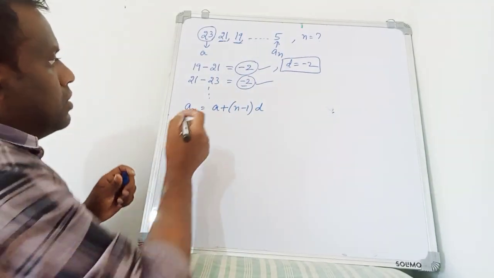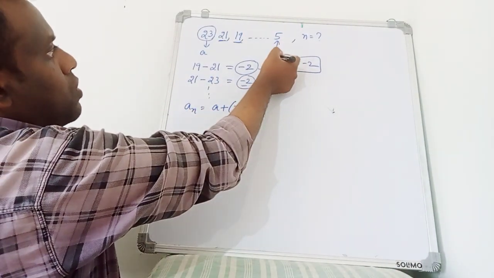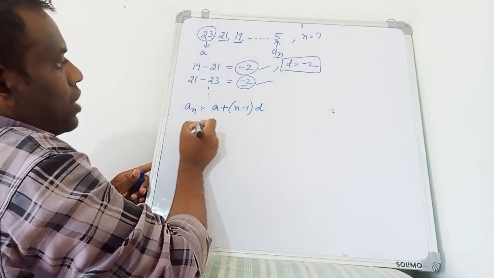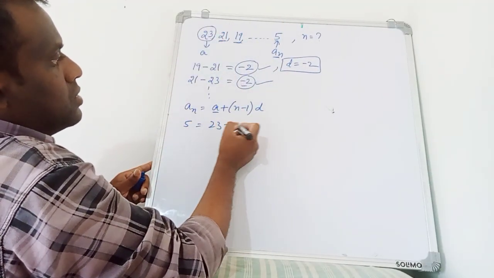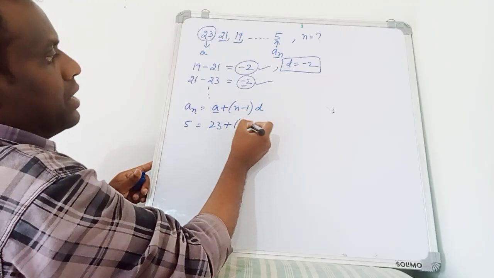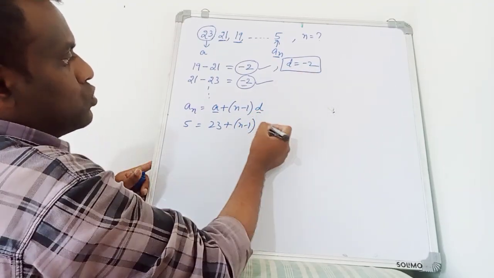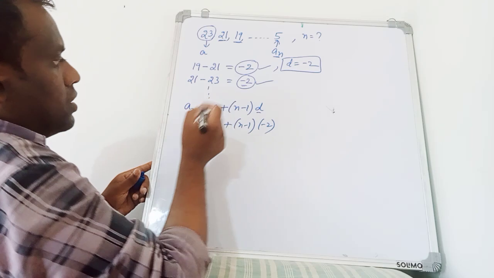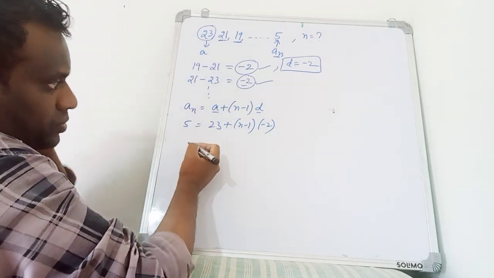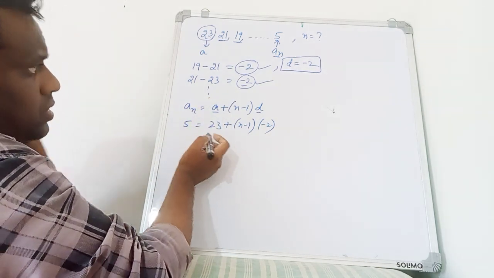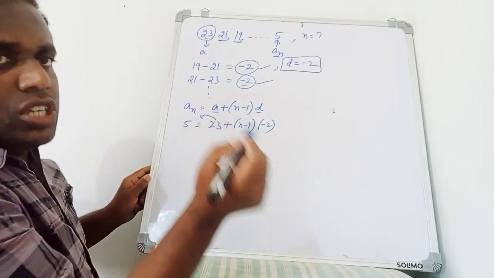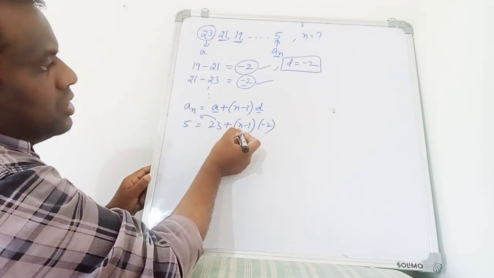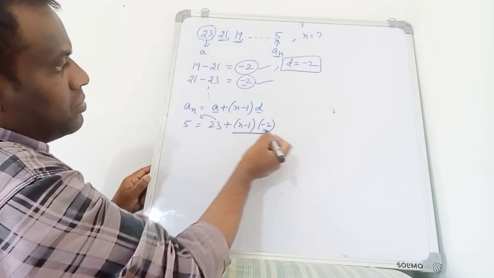Now substitute the values. a_n is what? 5. So 5 is equal to a, this 23, plus n we don't know, (n minus 1), d is minus 2. Next, you bring this 23 to this side. We want n, so we keep the n term.